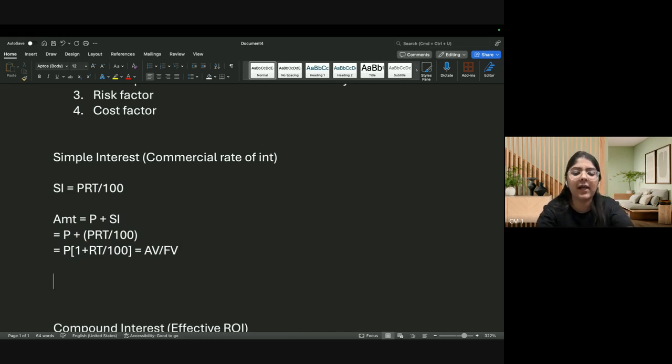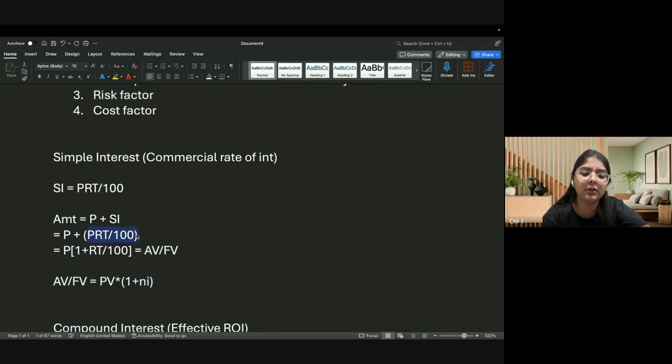So can we say that the accumulated value or future value is equal to present value, PV, multiplied by 1 plus NI? Can we say this? Where N is the term and I is the rate of interest.